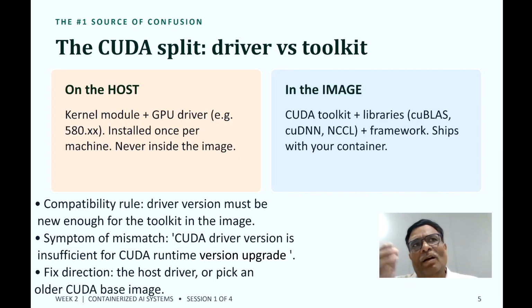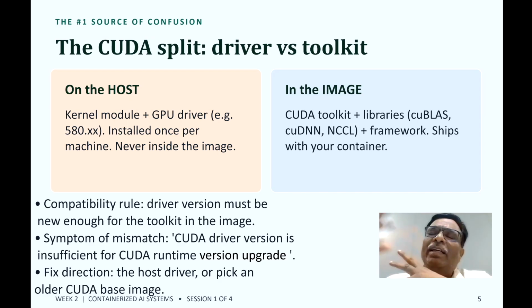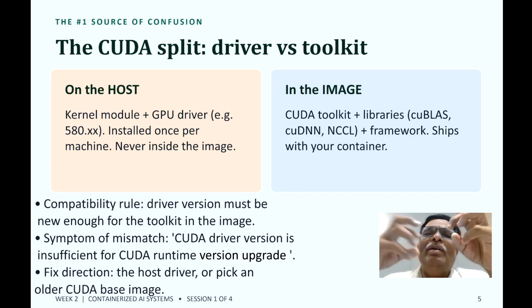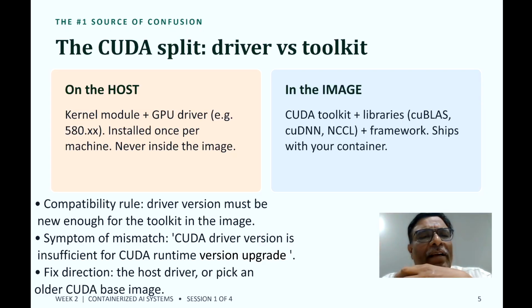This is the versioning style, and it's always installed once per machine. And in the image, which you give to your collaborators, it will have the CUDA toolkit, libraries like cuBLAS, cuDNN, NCCL, plus various frameworks, and this ships with your container.